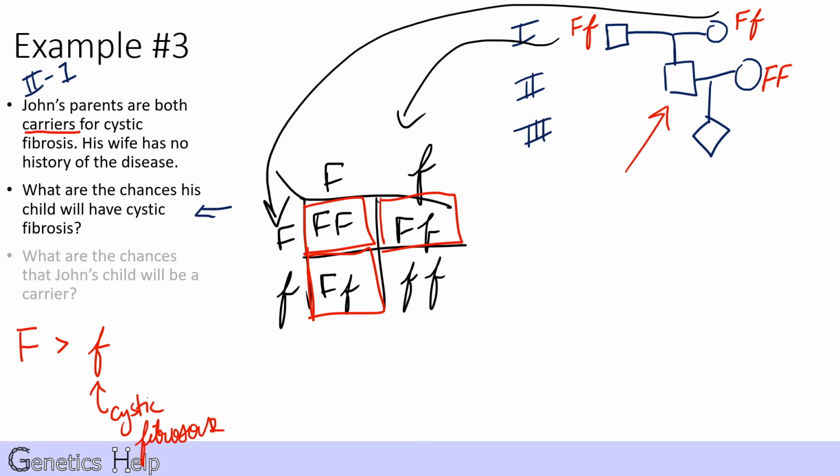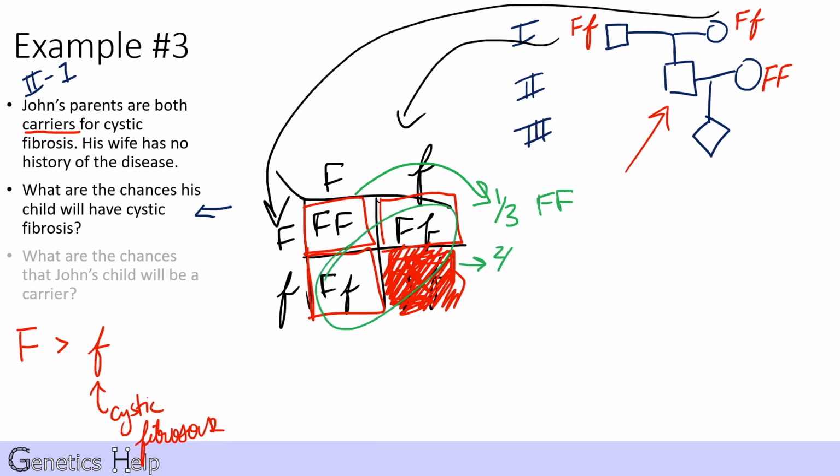So we're going to actually remove this fourth category here with the little f, because we know he doesn't have that. And this is something called normalizing, which I can go into the math of it in another video, but here we're just going to look at it visually and see that now the proportions are that only 1/3, because we have 3 boxes, is large F, and 2/3 big F, little f.